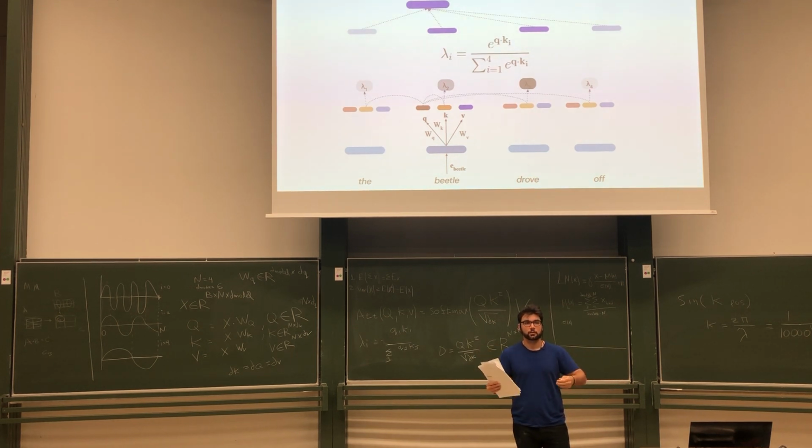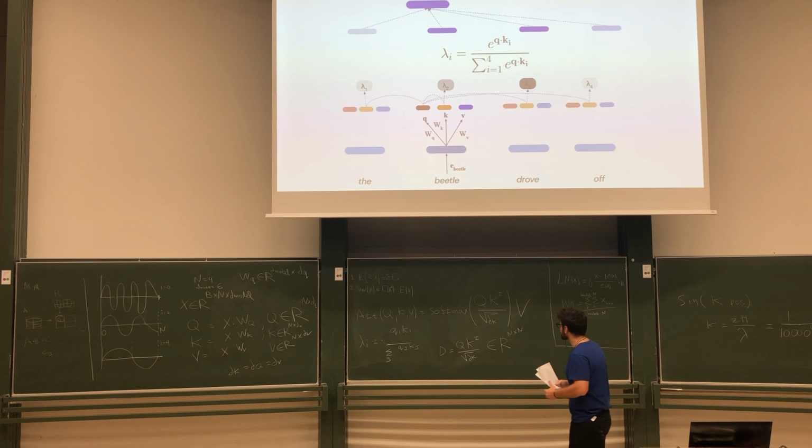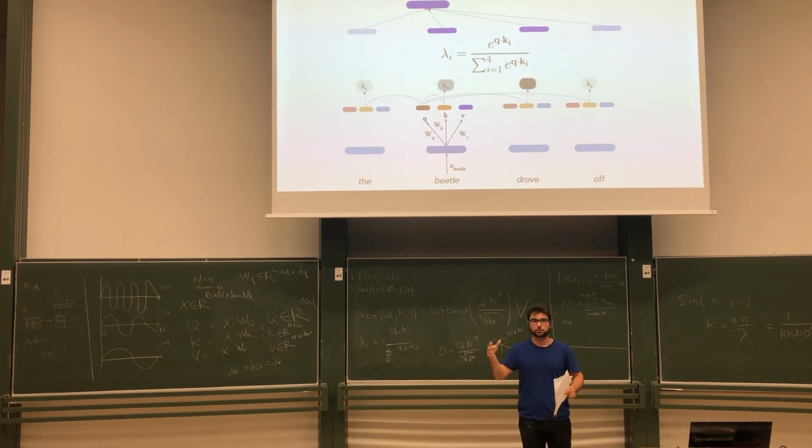Basically, each element in this n-square matrix indicates the similarity between index i and j, of all the possible combinations of the tokens in the sequence.